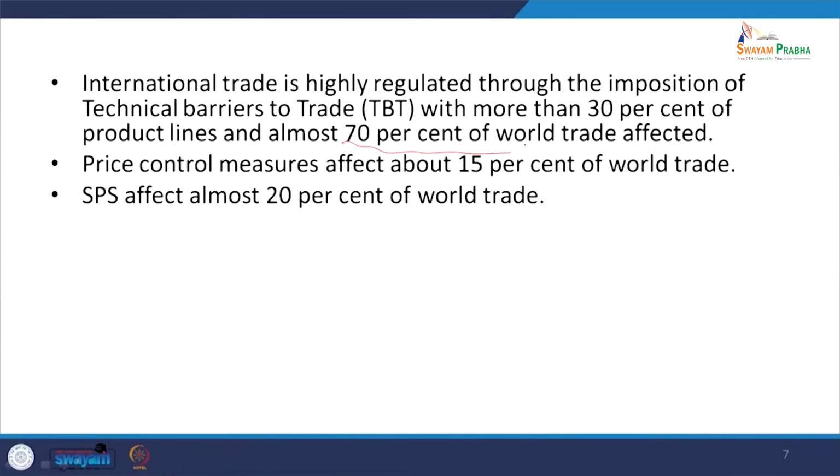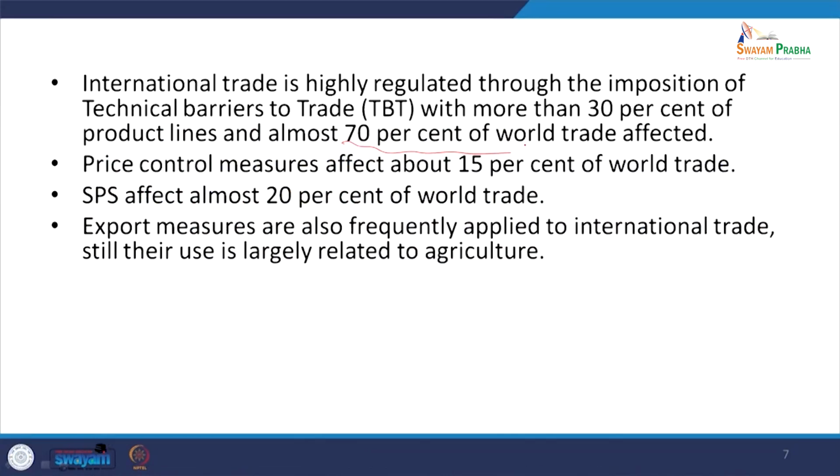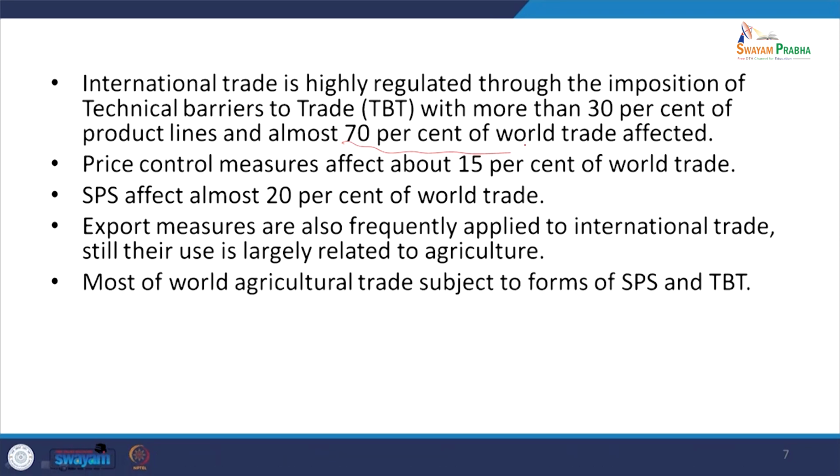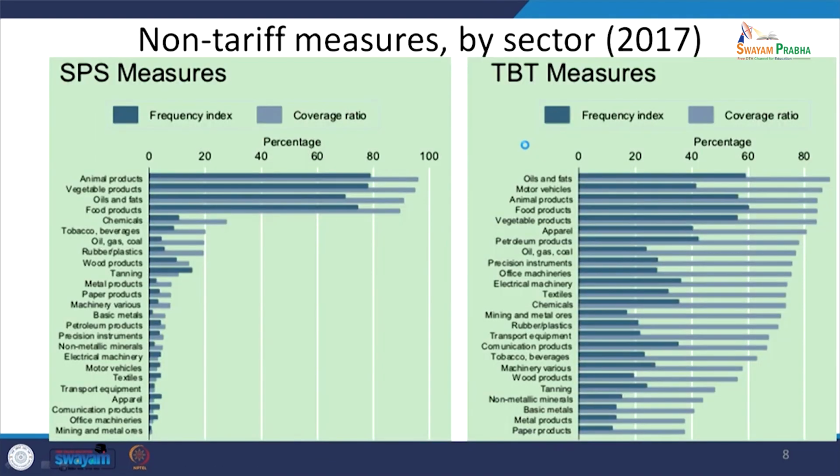So, here 70% is impacted by TBT, and SPS, still its composition is lower than that of other components. Export measures are frequently applied to international trade, still their use is largely related to the agriculture sector. Most of the world agriculture trade is subject to forms of TBT and SPS.